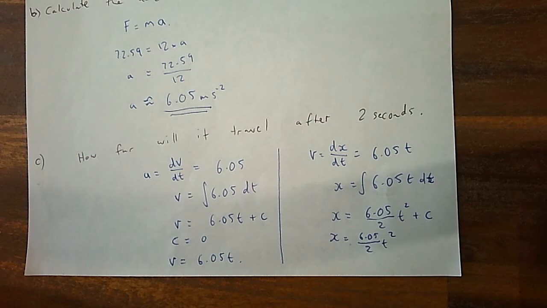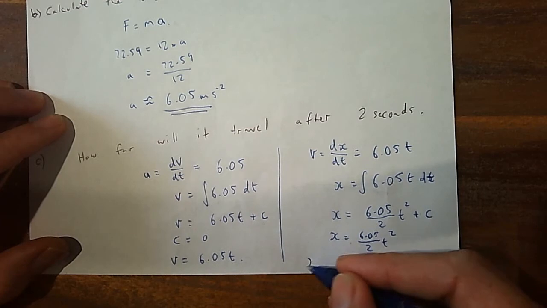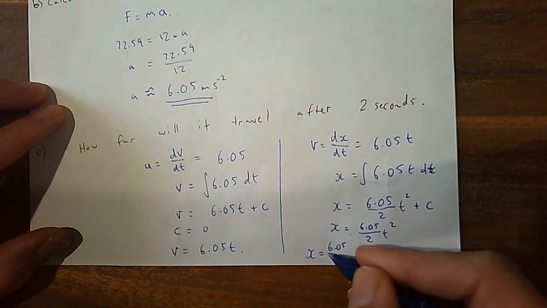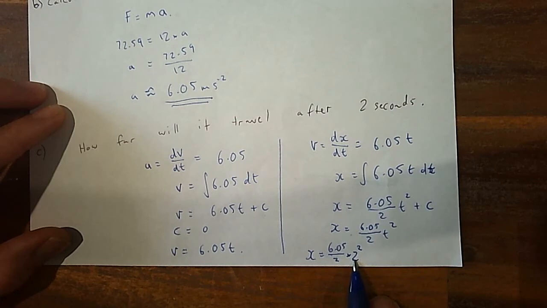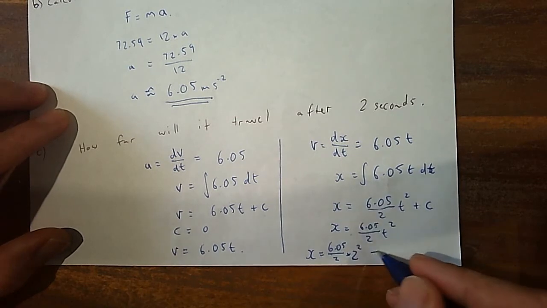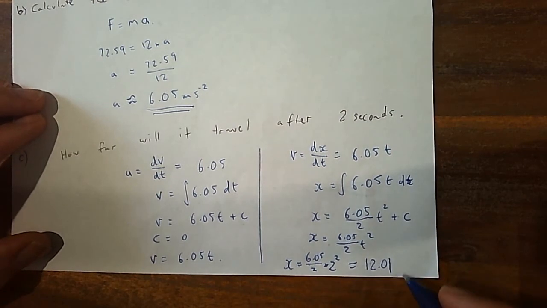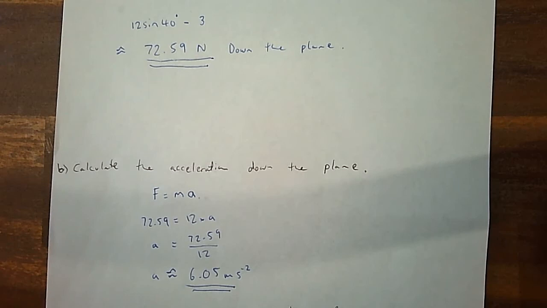To work out how far it's travelled in 2 seconds, I substitute in 2 for t: 6.05 divided by 2 times 2 squared, which gives 12.01 meters. So that's how far it's travelled after 2 seconds down that plane, 12.01 meters.